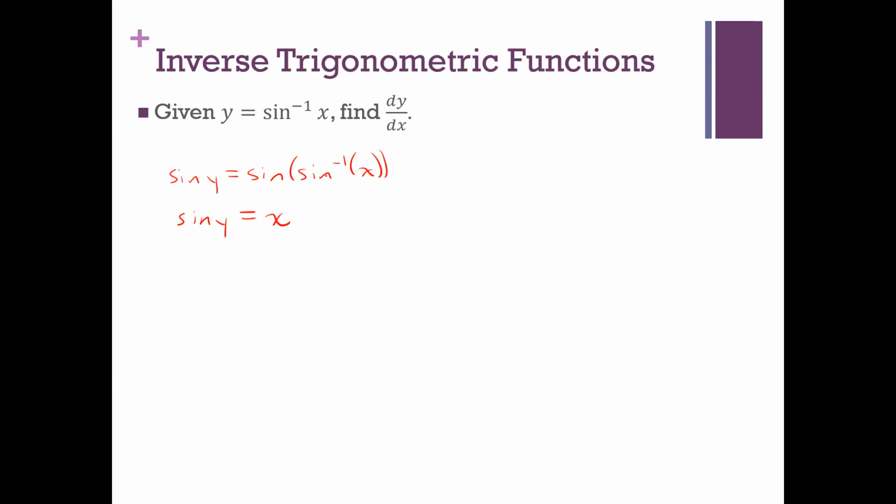Jordan? I'm trying to manipulate this, since I don't know anything about the derivative of the inverse sine, so I can take derivatives of things I know how to take derivatives of, which now I have: sine and x. I can take derivatives of these functions.